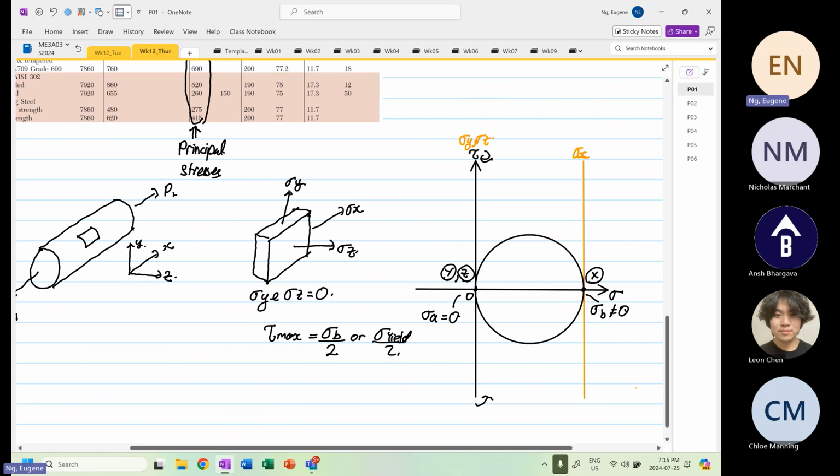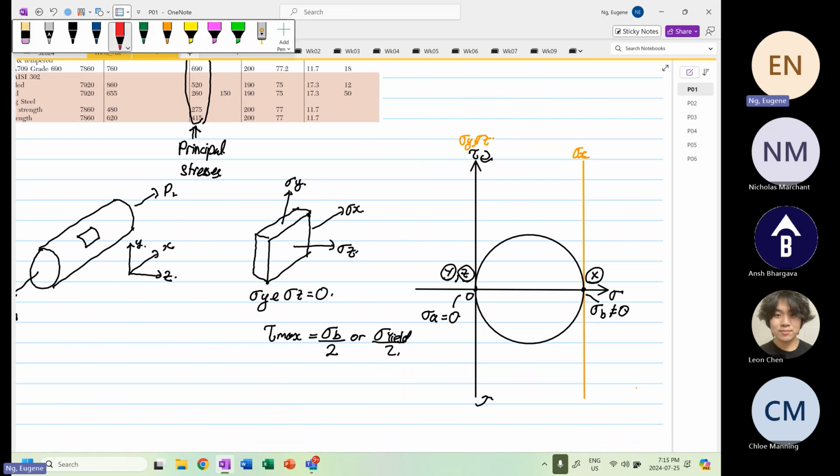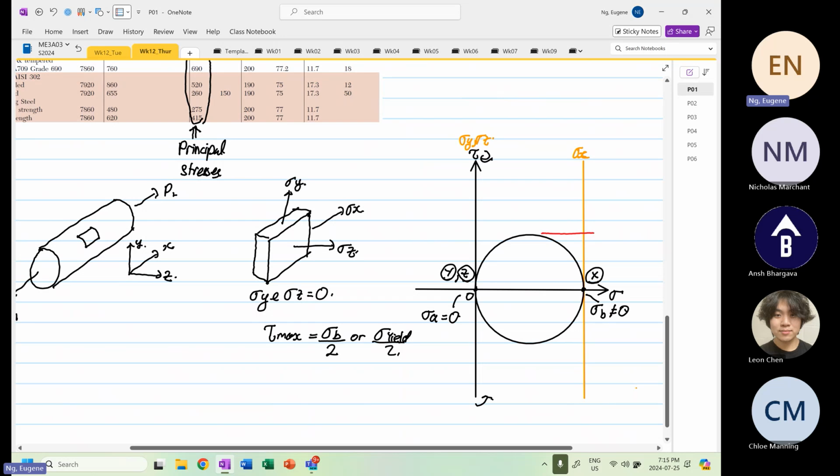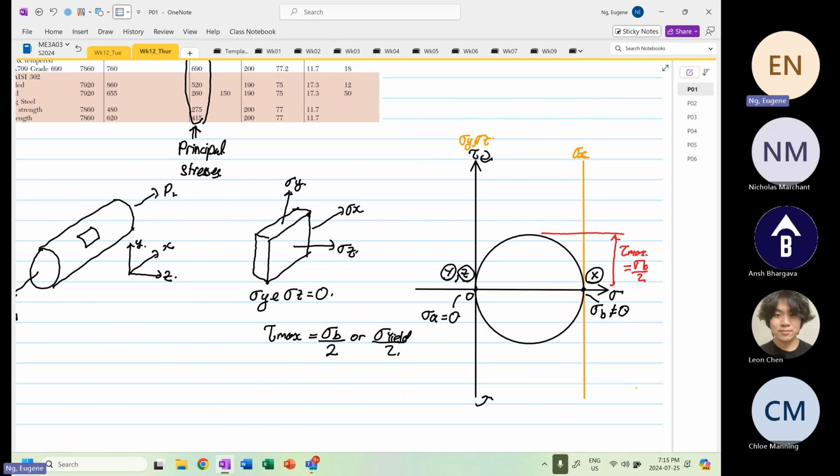Why is that? Because from the diagram, the 3D Mohr's circle, we know that this is your tau max. And this will be equal to stress B divided by 2, right? Because Y and Z are equal to 0, okay?